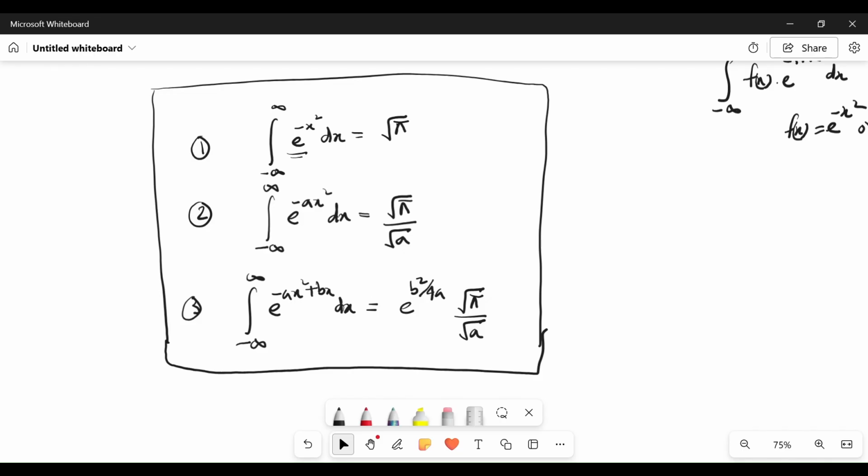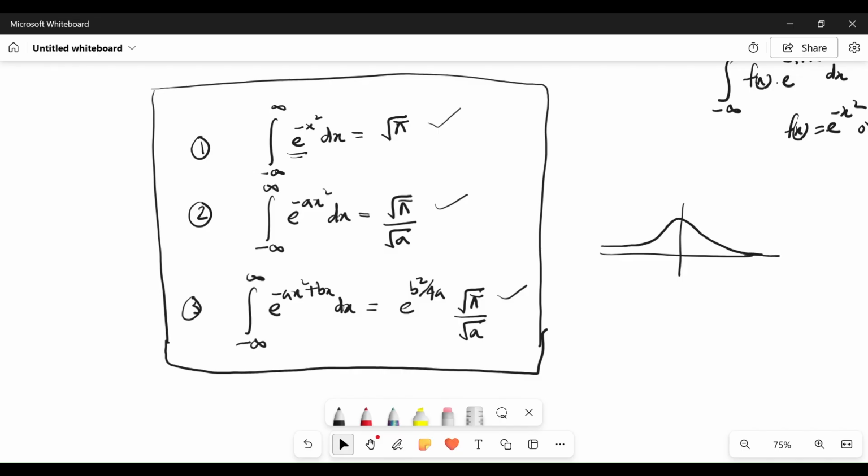If you can solve this one, then you can derive the other two easily. All of these graphs will look somewhat like the same.